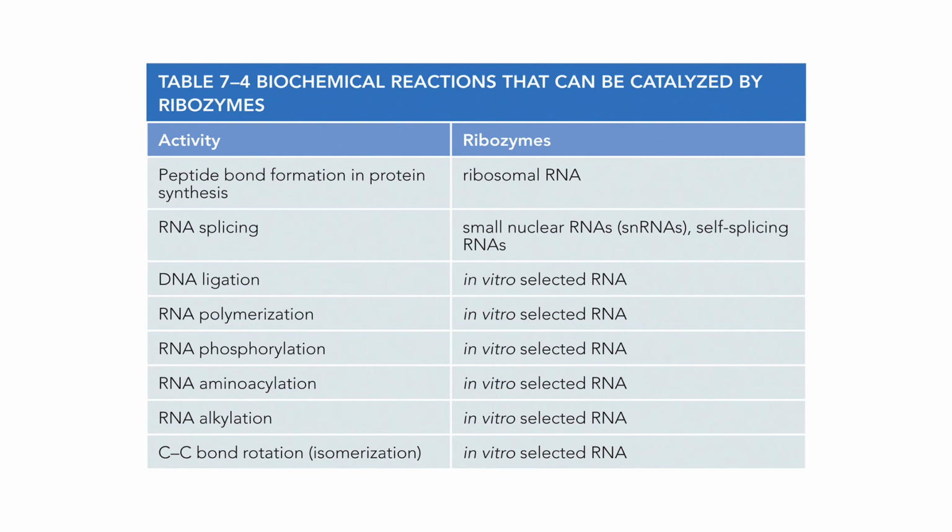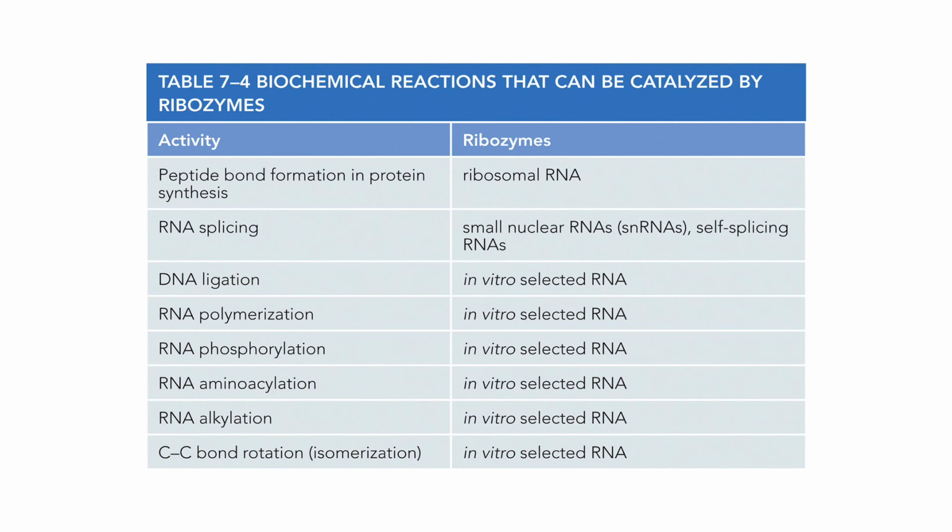So people realized that probably it was RNA, and that RNA formed the basis of life at the very beginning, because RNA can do all these things. RNA can be genetic information because of the nucleotide sequence, and it can carry out enzymatic activity, so it can make itself. So we see here one of the possibilities is RNA polymerization, so it can make itself.